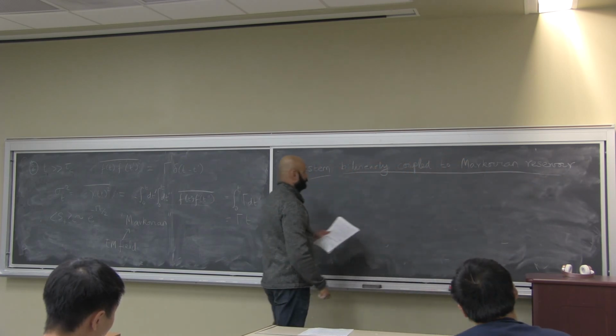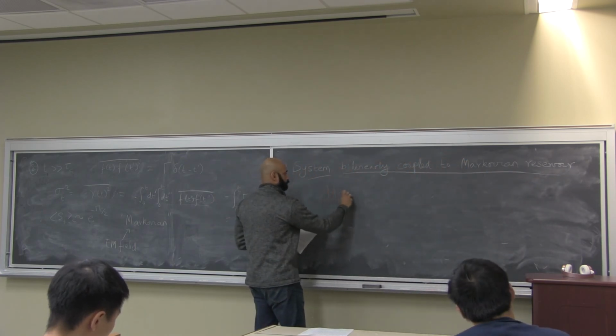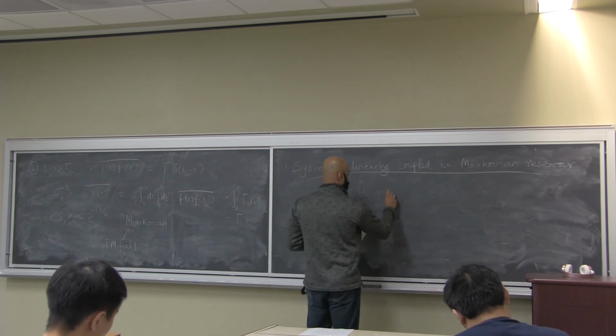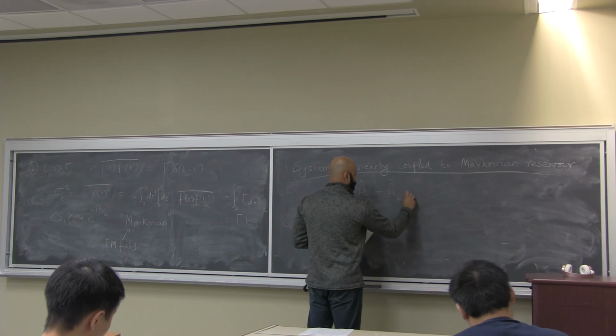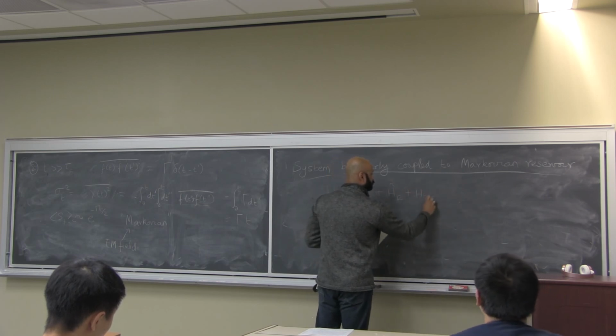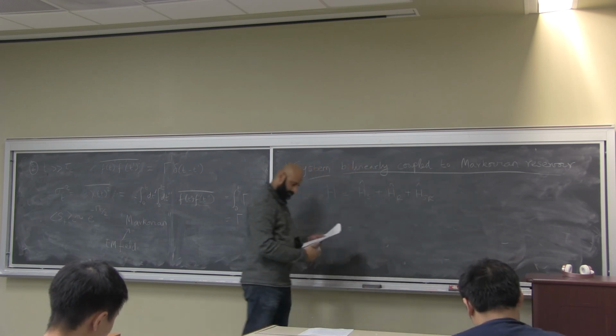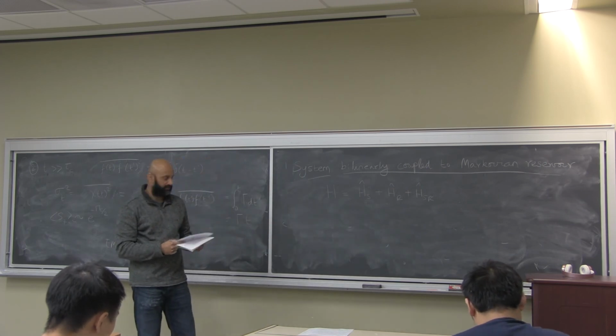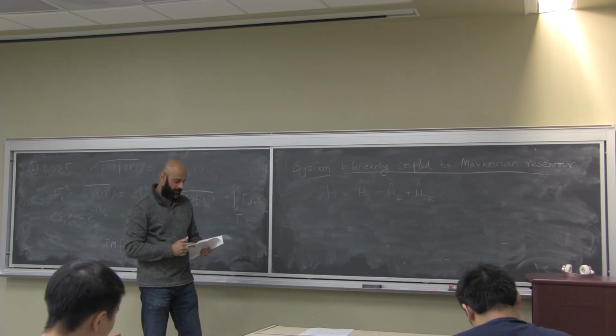Once again, the universe is governed by this Hamiltonian, Hs plus Hr plus Hsr. The first two are completely uninteresting to us. We are just not going to worry about that. That's the system and the reservoir on its own.